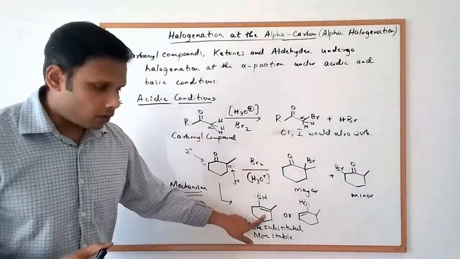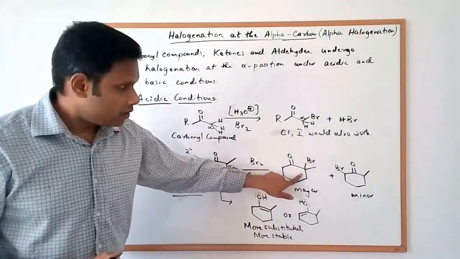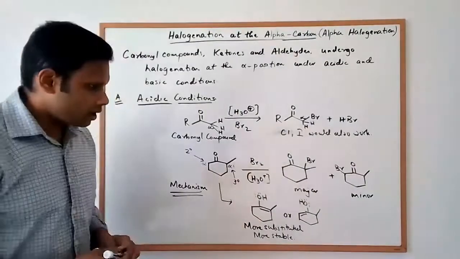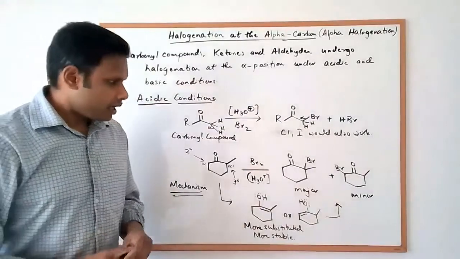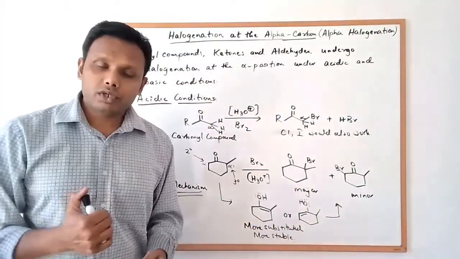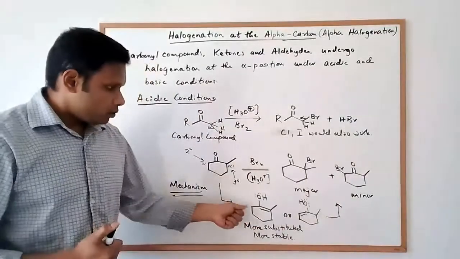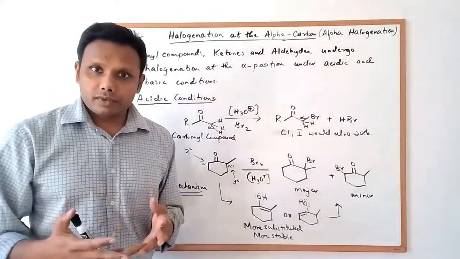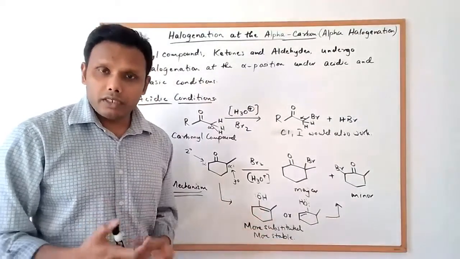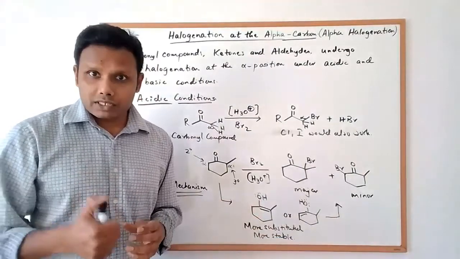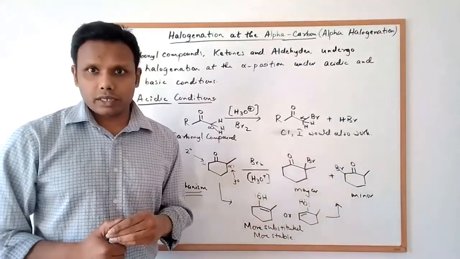And when this enol undergoes an alpha-halogenation, it's going to give us the halogen at the more substituted carbon. So that basically explains why we get this difference. And that is true for all chemistry involving alpha carbons or enols and enolates. When there is a possibility for forming different enols or enolates, the more substituted enol or enolate is the more stable enol or enolate, and they will give you the major product in the reaction.